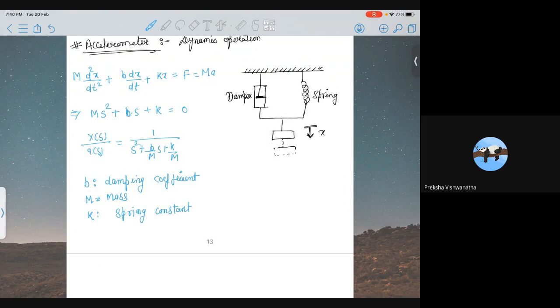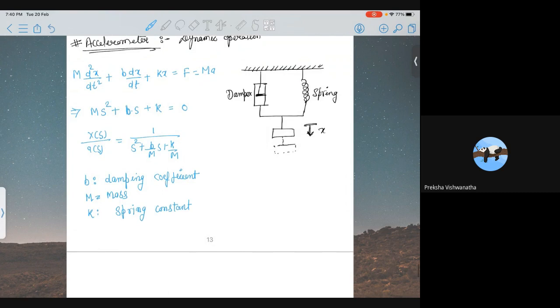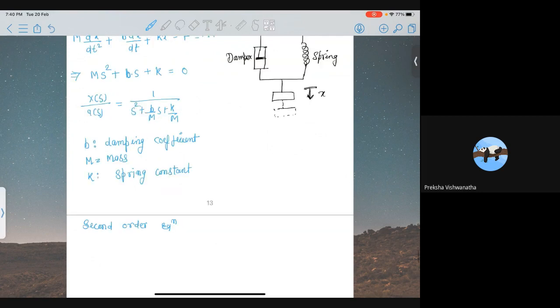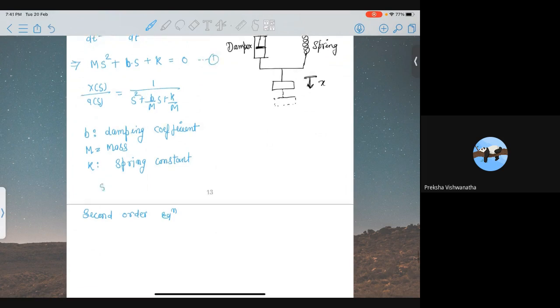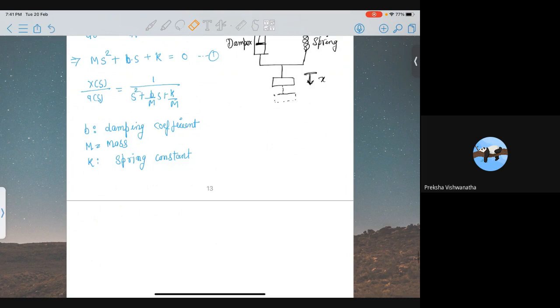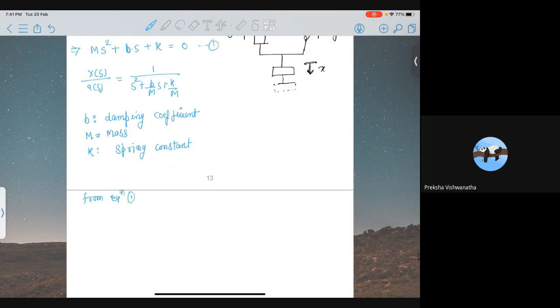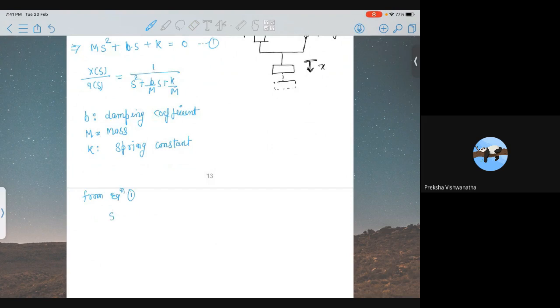Now we know the second order equation. From equation 1, if we take common m, then we'll have s square plus b by m s plus k by m equal to 0.